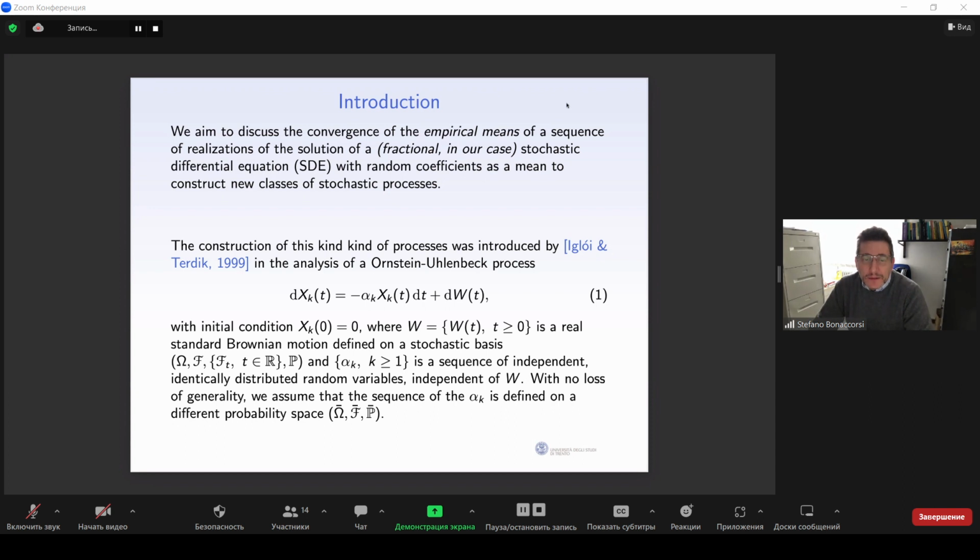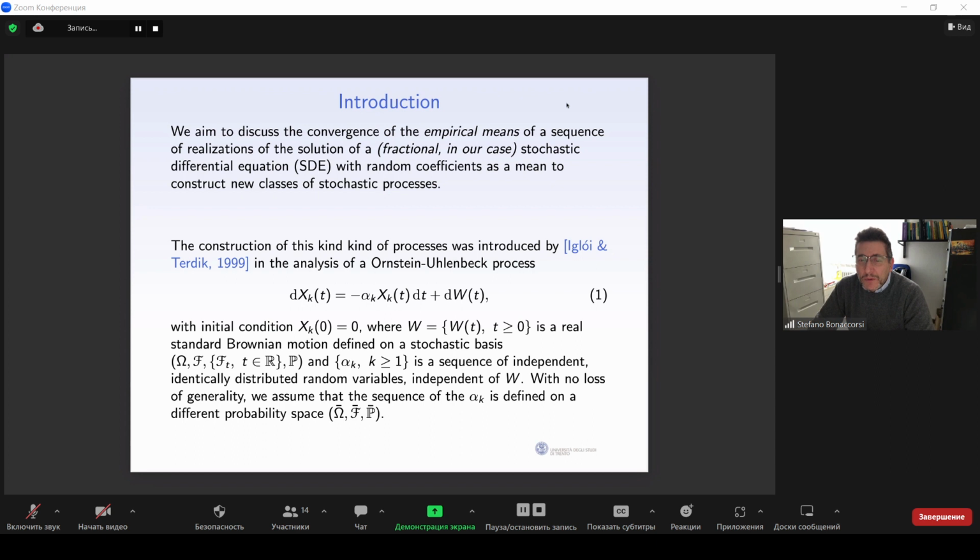And the point is to choose alpha_k to be a sequence of independent identically distributed random variables which are independent of W. In order to keep the presentation simple and without loss of generality, we can assume that the sequence of alpha_k is defined on a different probability space that I call omega bar with a sigma algebra F bar and a measure P bar.